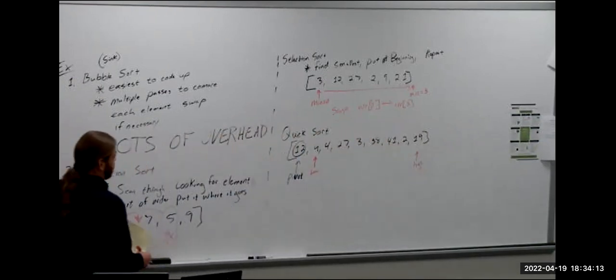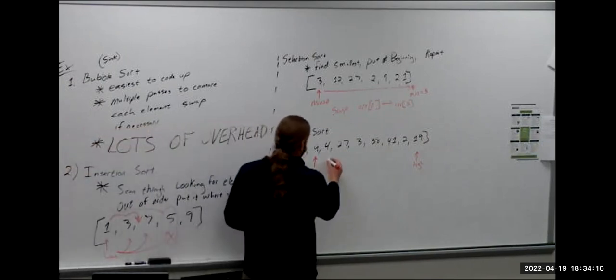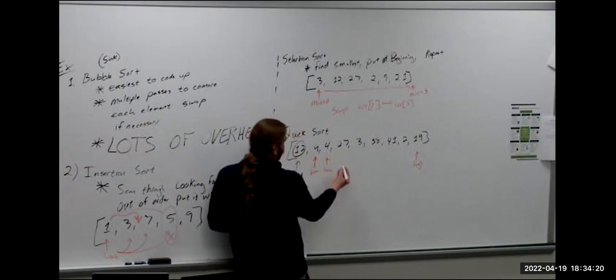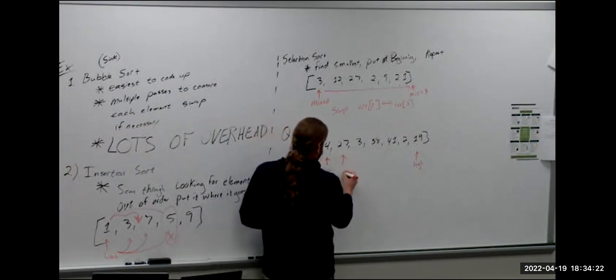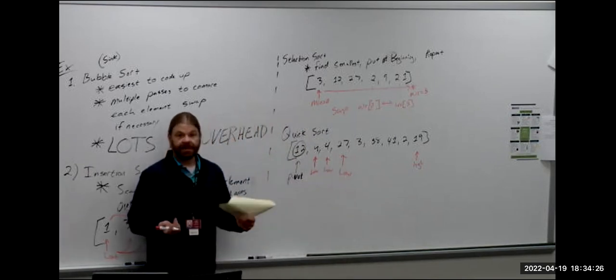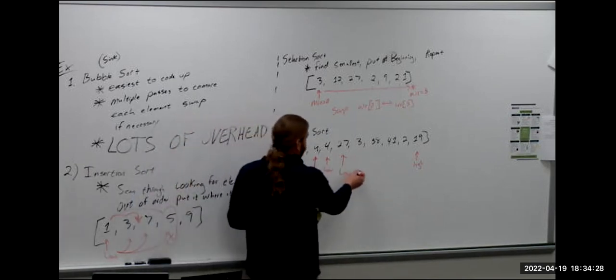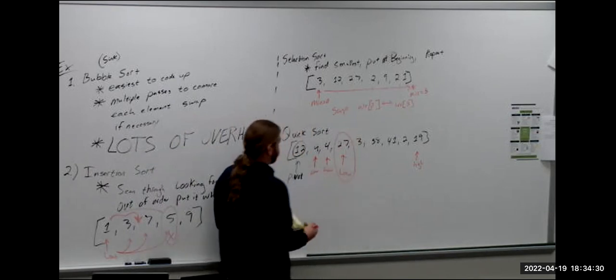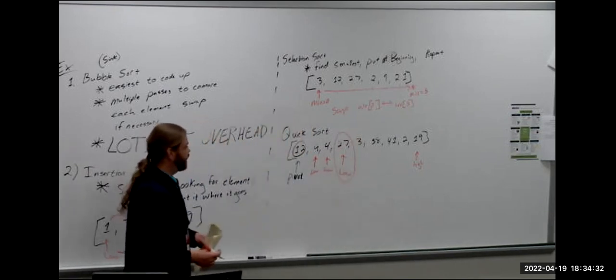What we do is we move our low value up until it finds something bigger than the pivot. So 3, that's smaller than the pivot. Our low value moves up, checks the 38, and in this case, up to the 27 there, which is bigger than the pivot. So it'll stop moving there.